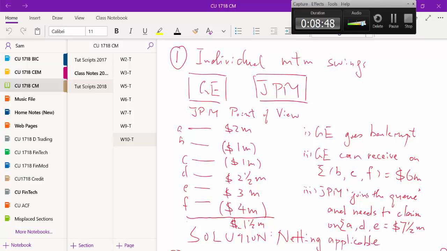So here they have a client-banker relationship, and there can be hundreds, thousands of transactions between the 2 parties just in derivatives alone. Now, here I have a very simplified example. I pretend there are only 6 transactions between the 2 parties, and so these are mark-to-markets from JP Morgan's point of view.